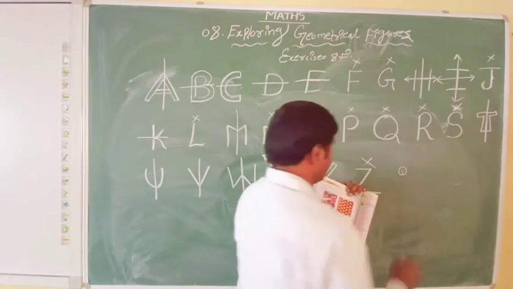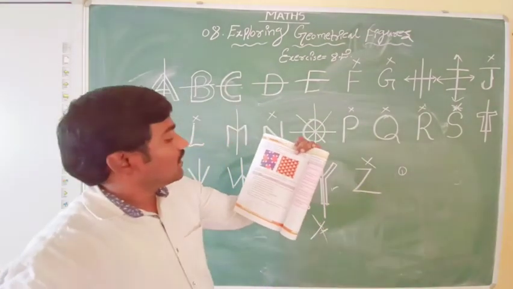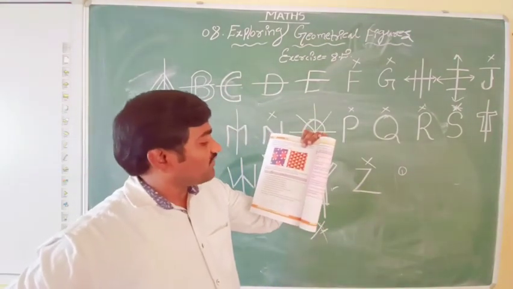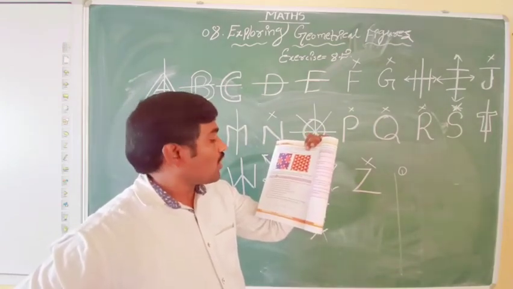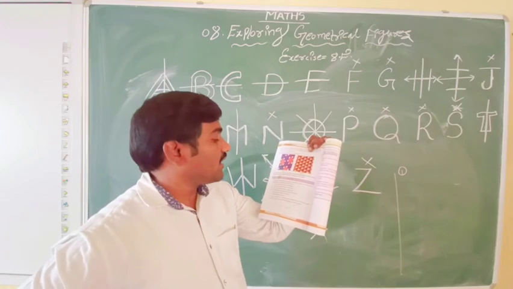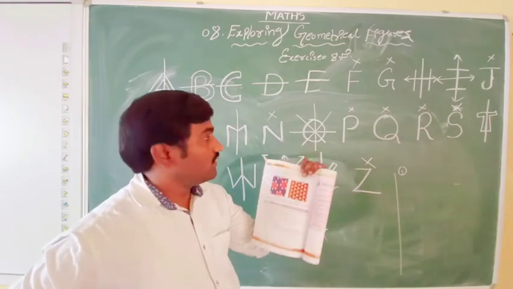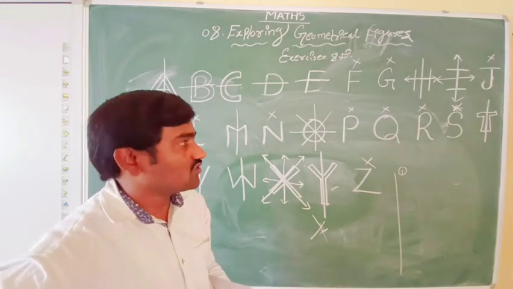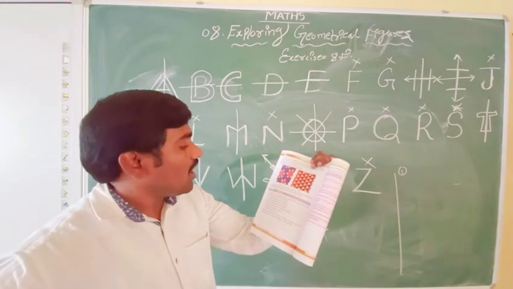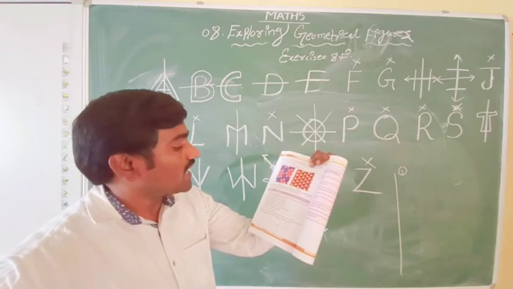The first question here: cut the bold type English capital alphabets and paste them in your notebook. Draw the possible number of lines of symmetry for each letter written, divided by each axis of symmetry. Let's see, how many letters have no axis of symmetry?